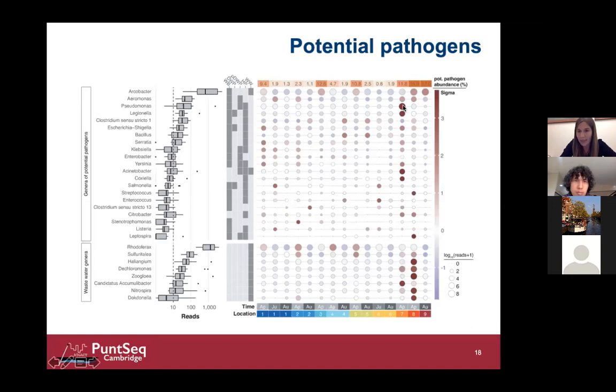We see that quite a lot of red dots are coming up here at the end, which means downstream of the city Cambridge. Especially here at sample 7, which I had told you about beforehand, it was a proper outlier, maybe because so many potentially pathogenic bacterial genera are showing up that don't occur at all anywhere upstream.